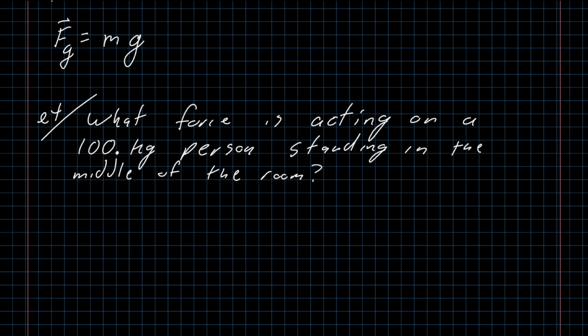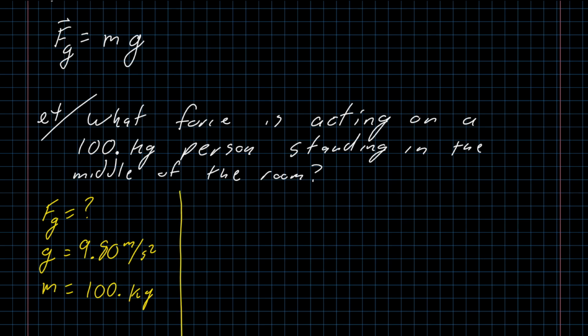Well, the obvious force acting on this person is the force of gravity. So let's ask about a force of gravity. Of course, if we want a force of gravity, we need to know gravitational acceleration. It's still 9.80 meters per square second. And we need to know the mass of this person, which is given to us as 100 kilograms. Notice the decimal point in that number 100 telling us that all of those zeros are significant.